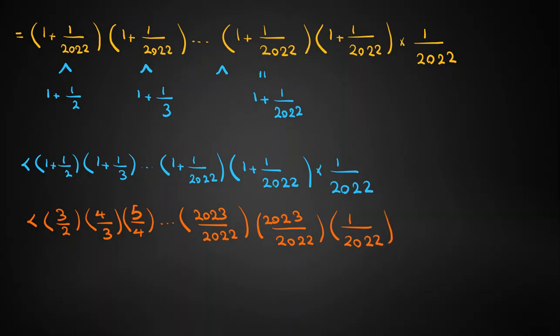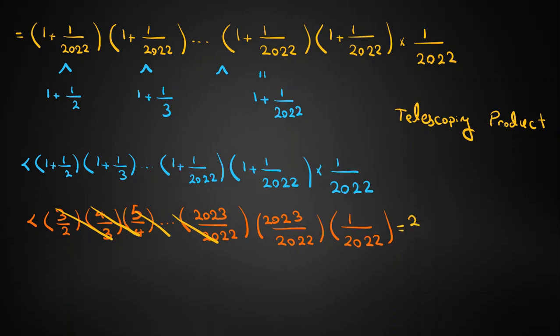Now, this action where you cancel like this, we call it the telescoping rule, or telescoping product here, because we also have this in sums, and this part is in a product. We cancel all these things, so let's see.